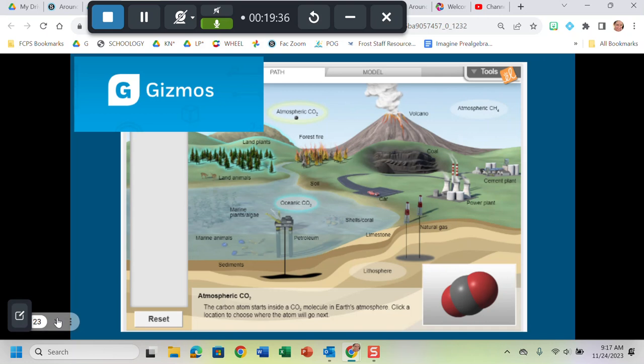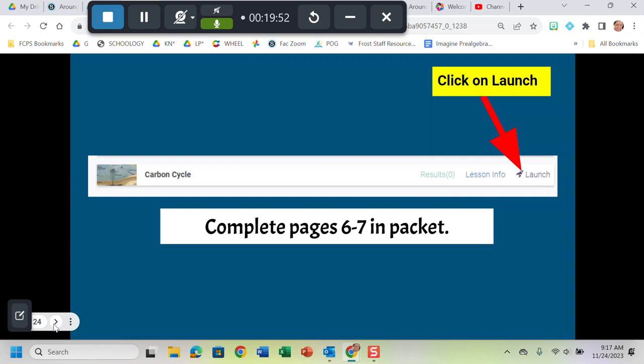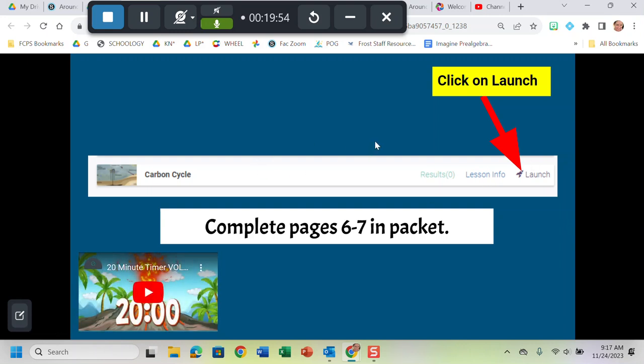All right, so your packet has direct, specific instructions on how you're going to do this Gizmos. So you're going to answer the questions in the packet. Sometimes there are questions in a Gizmos online. We are not asking you to answer those. Just answer the ones in the packet. All right, and so you'll go to the waffle in Schoology, choose Clever and log into Clever, and then you'll see the Gizmos icon.